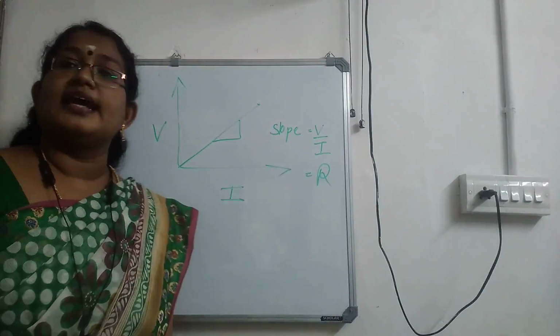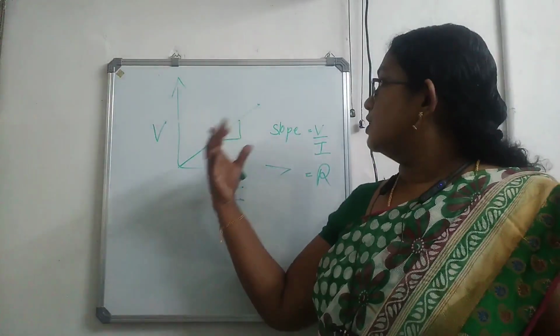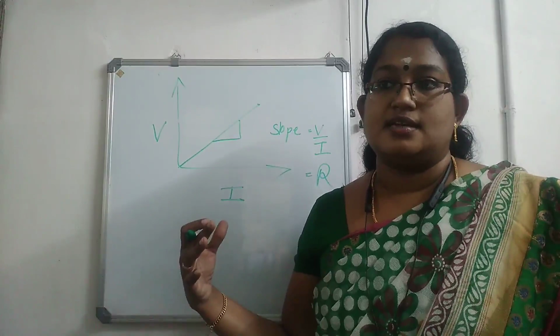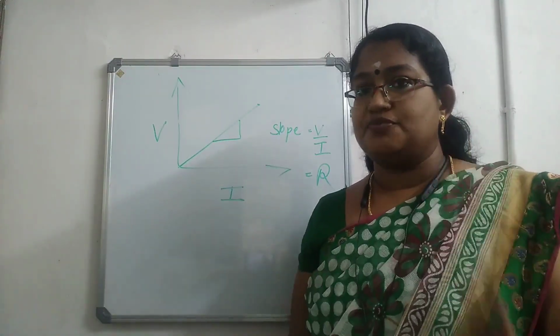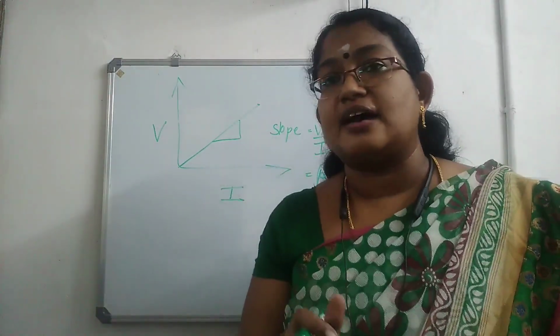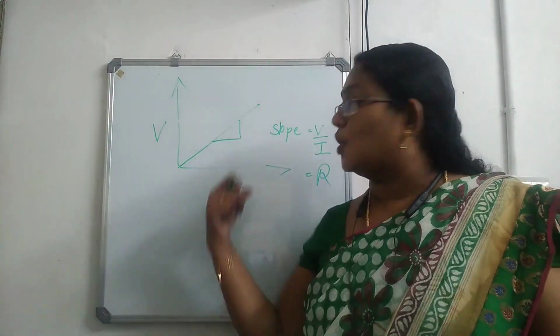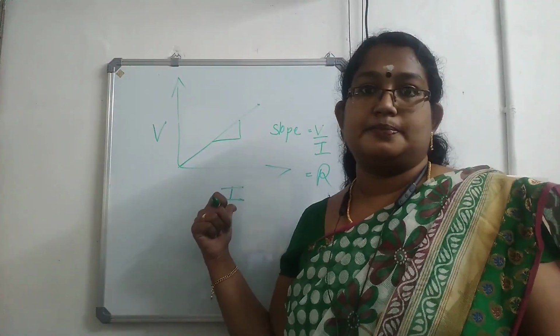Here also we will be getting a straight line graph. And what about the slope? The slope will give you the resistance. Okay. So is it clear? We have considered two different graphs, IV and VI. Slope of IV graph will give you conductance and slope of VI graph will give you resistance.